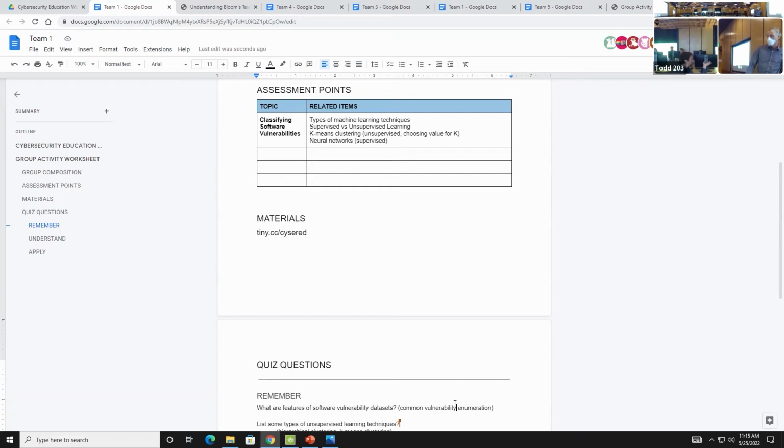But I think what you're getting at is those come with a description of the vulnerability that can be used for classifying the software vulnerabilities. Would it be useful in this space to know what the vulnerability enumerations are? List them. That would be one thing, knowing.